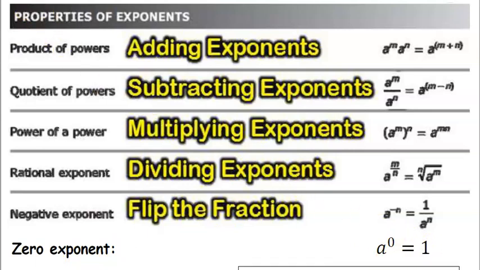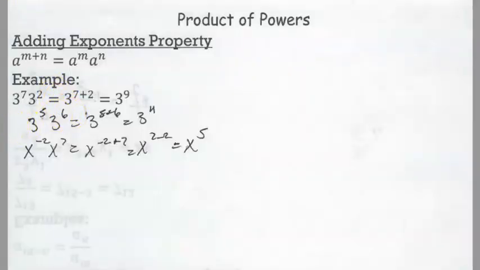So you'll use these properties to simplify exponential expressions. Here are some examples from the exponential manual notes. You can find those on the Unit 10 rubric page. So here is an example for adding exponents. We have 3 to the 7th times 3 to the 2nd.